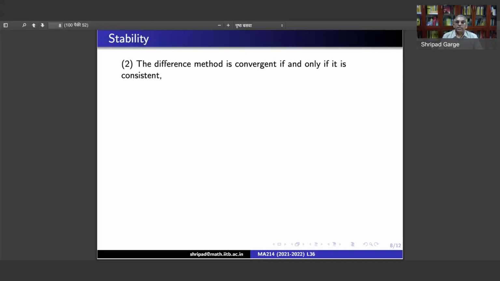Consistency means phi(t, y, 0) equals f(t, y), because when you let h go to 0, the difference equation should correspond to the differential equation. That is what consistency is.